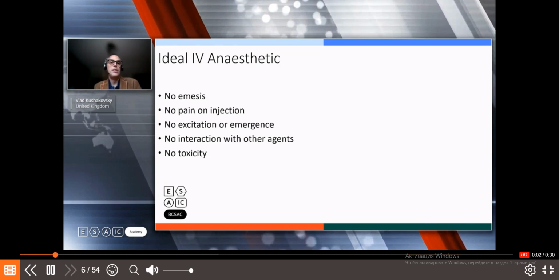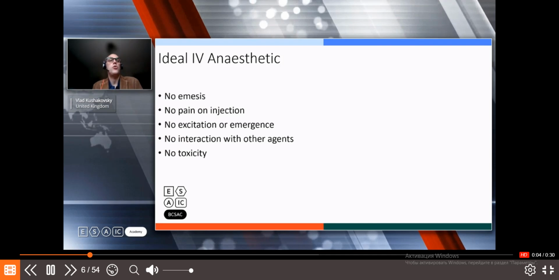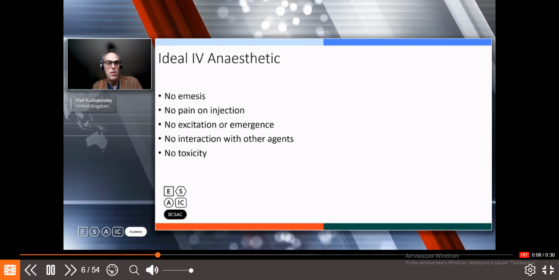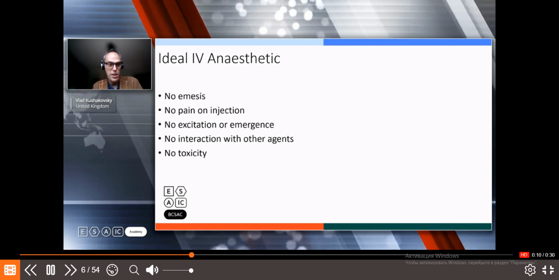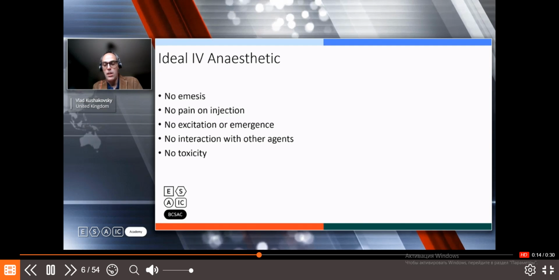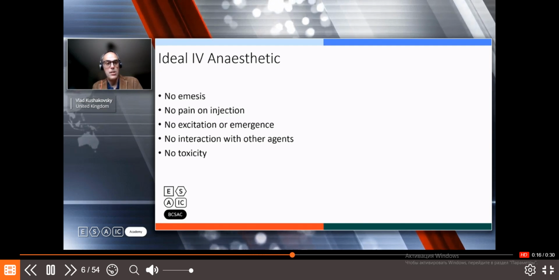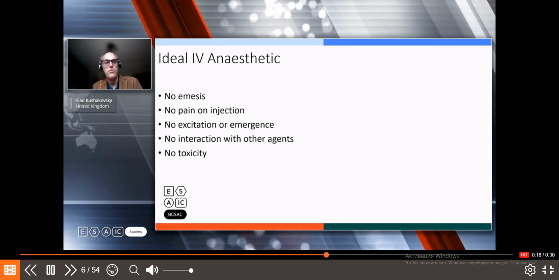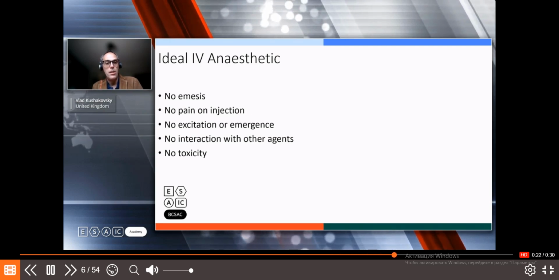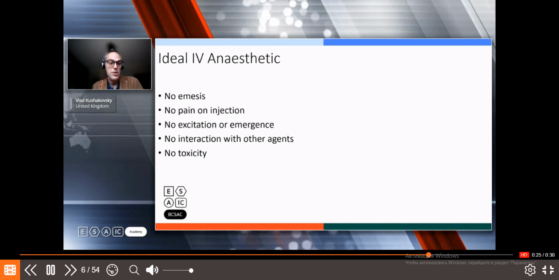So ideal intravenous anesthetic agents should not possess certain qualities. They shouldn't produce post-operative nausea and vomiting. They shouldn't produce pain on injection. Again, ideally, there should be no excitation, no emergence phenomena. And they shouldn't interact to any great degree with other agents.